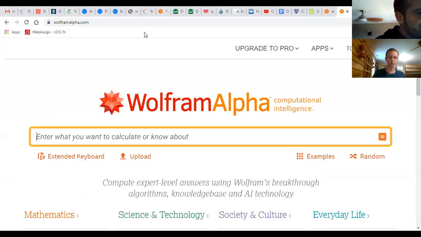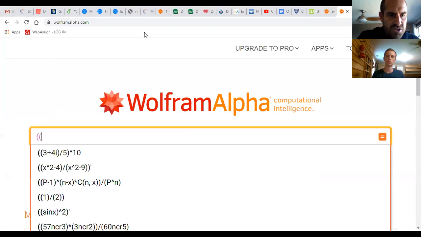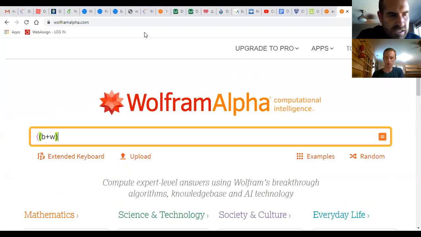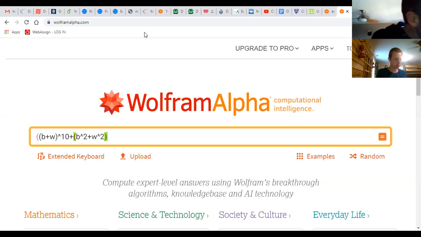In tomorrow's lecture there are some cases where you can fairly easily calculate the thing by hand, which is a convenient thing to be able to do. But this is B plus W to the 10th plus B squared plus W squared to the 5th plus, what's next?